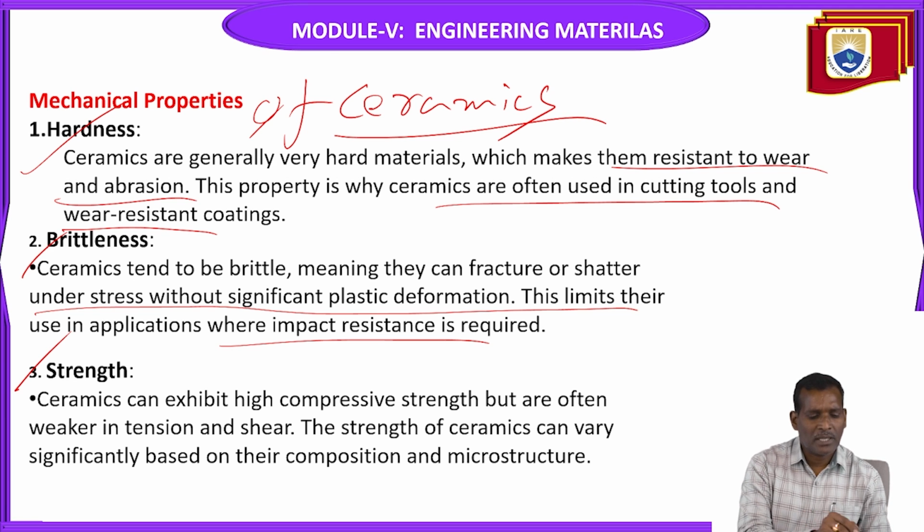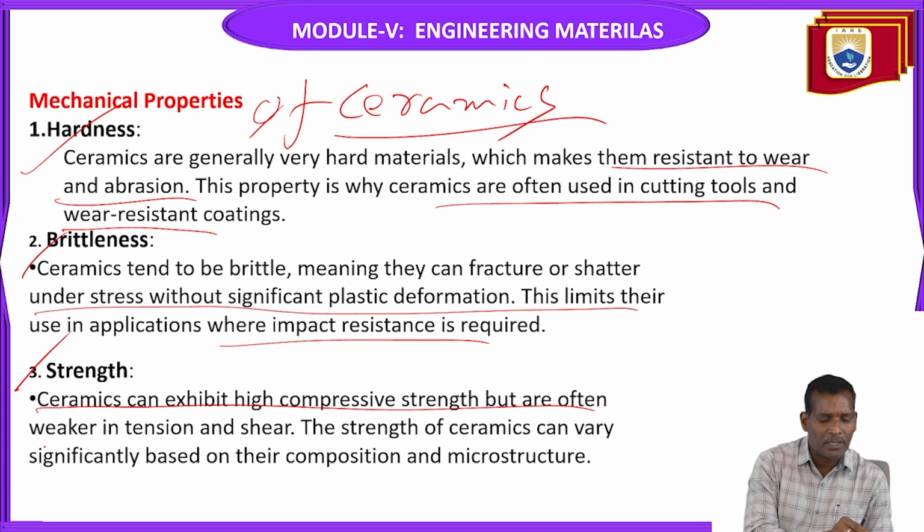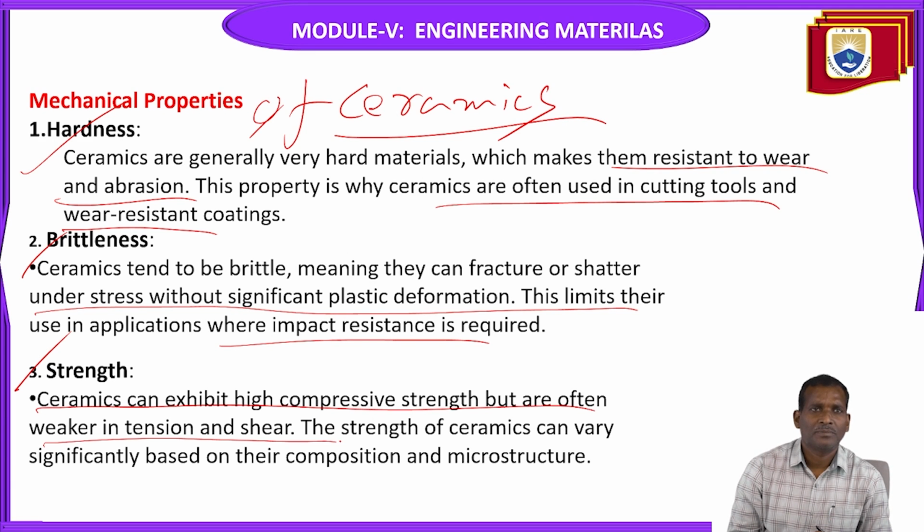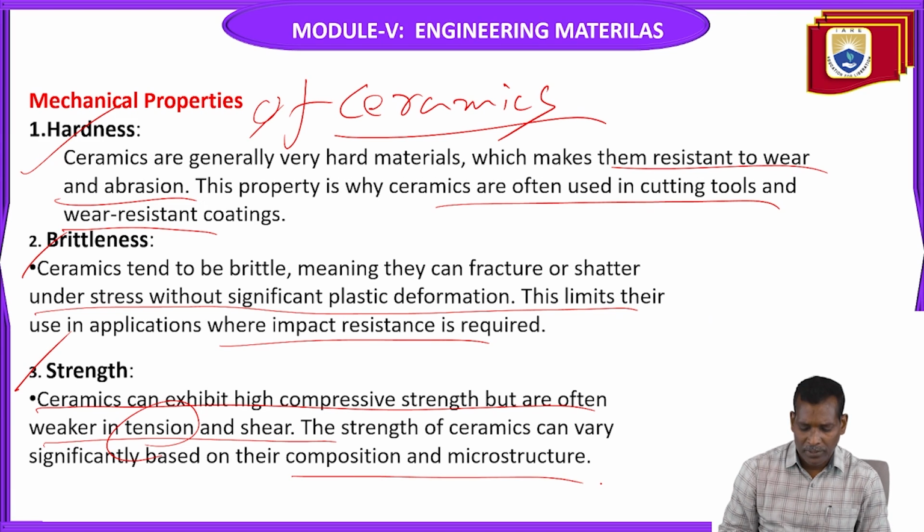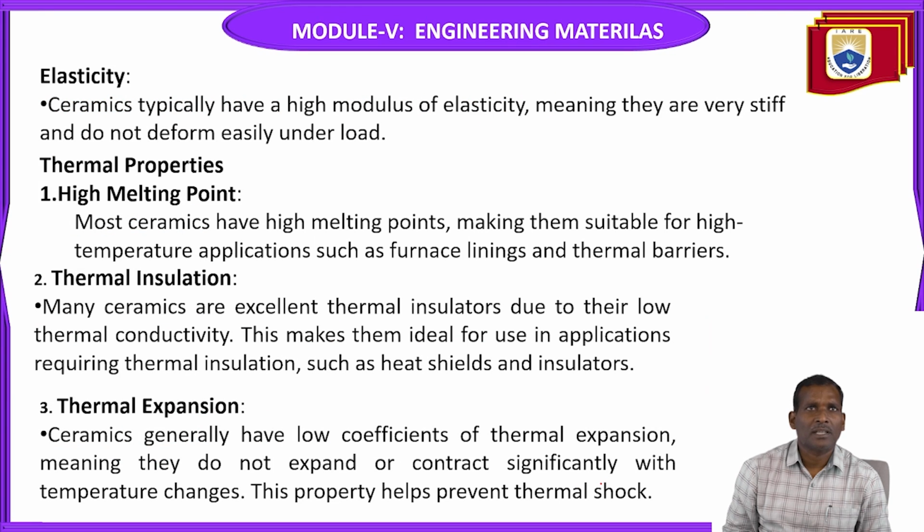Strength: ceramics can exhibit high compressive strength but are often weaker in tension and shear. In tension the material is weak, and in shear also weak. The strength of ceramics can vary significantly based on their composition and microstructure. Next, elasticity.